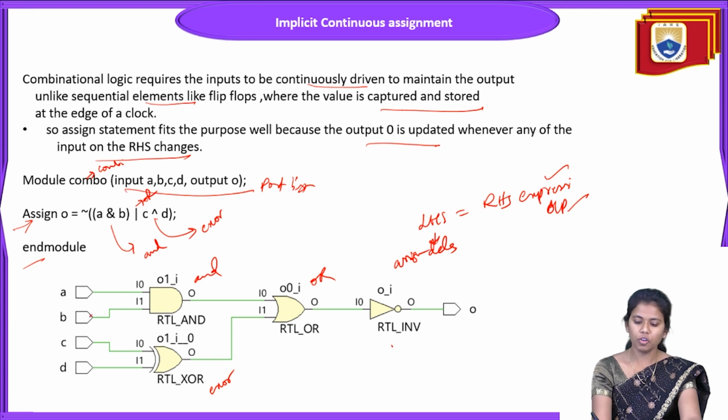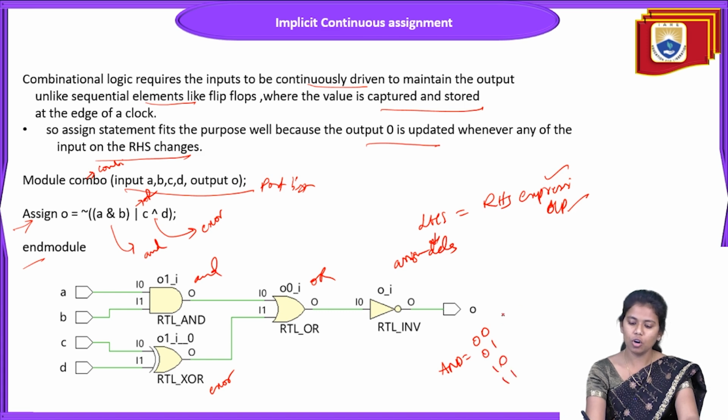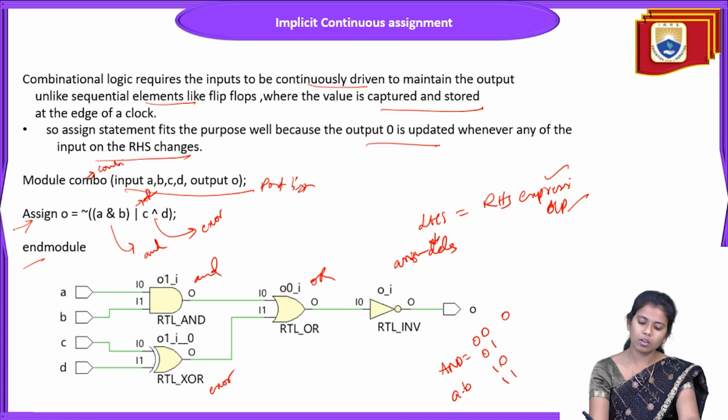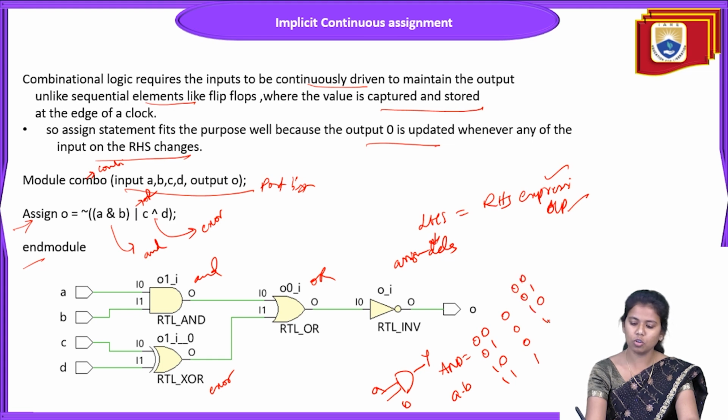So here, you know the AND gate: 0 0, 0 1, 1 0, 1 1. So the AND gate is A dot B. A and B are the inputs. My output would be 0 0 0 1. And the XOR gate, what is this? 0 0, 0 1, 1 0, 1 1.